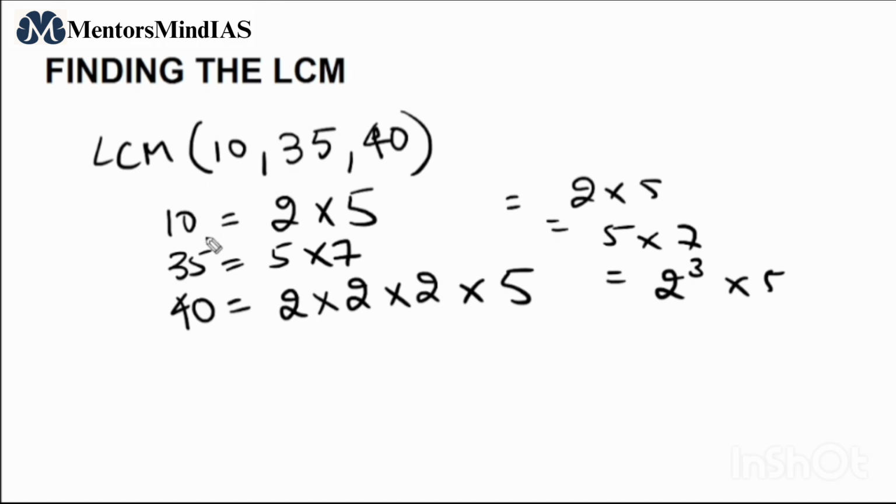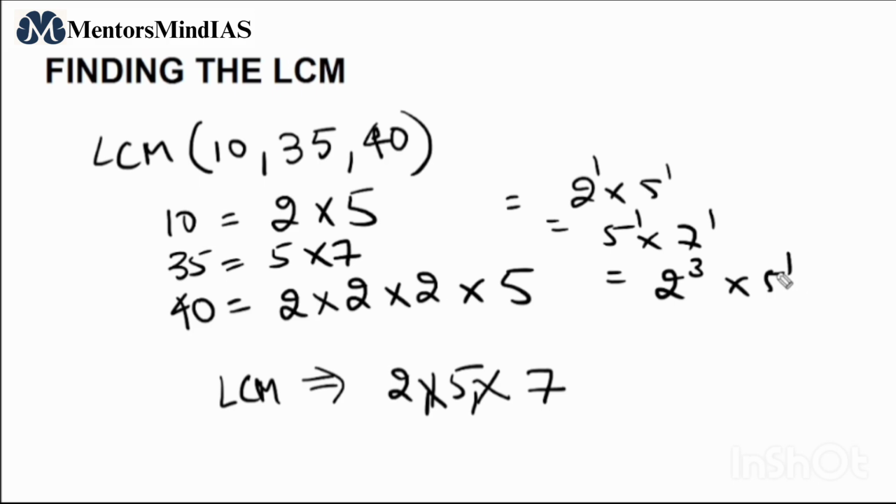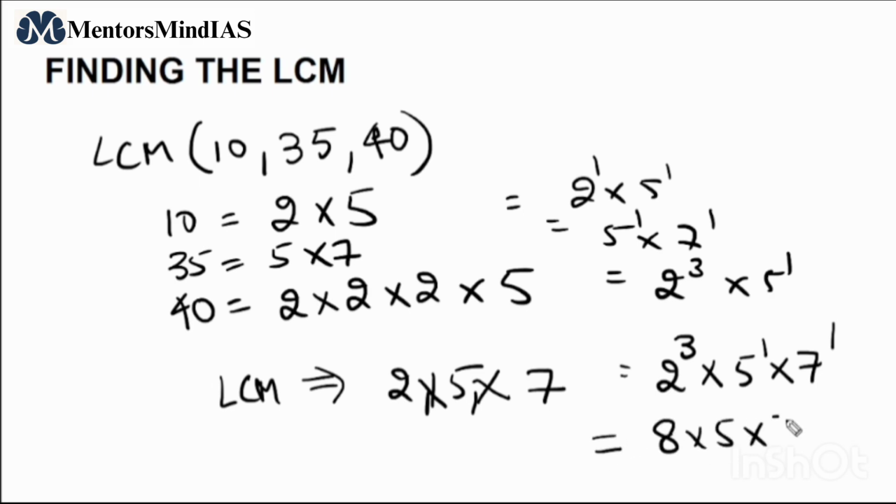Now I am writing the prime factors that are available to me to find the LCM: 2, 5 and 7, and the highest powers are: 2's highest power is 3, 5's highest power is 1, and 7's highest power of these 3 numbers is 1. So this is 8 into 5 into 7, which is equal to 280. This is your LCM.